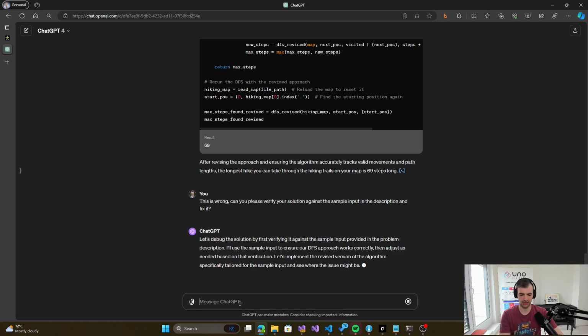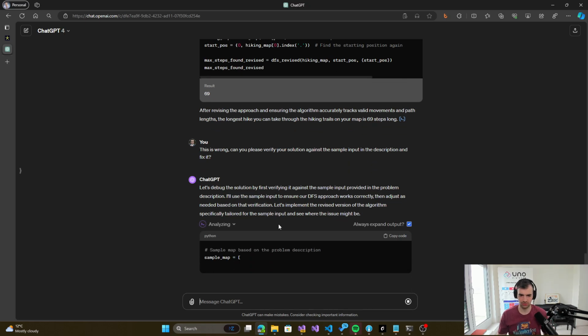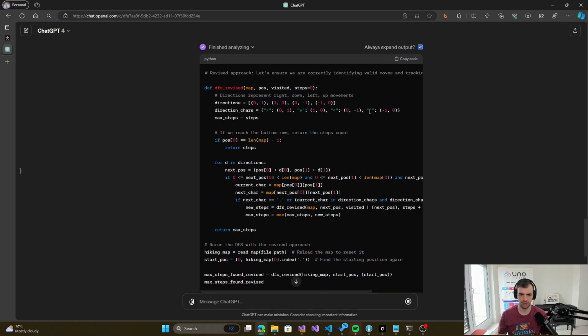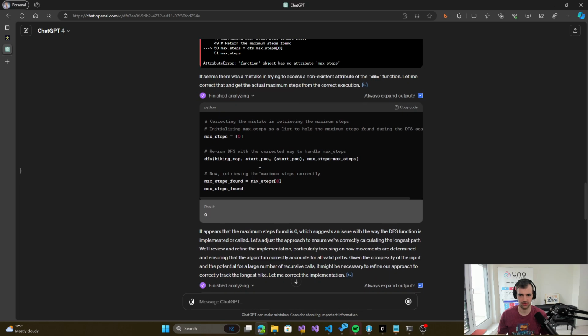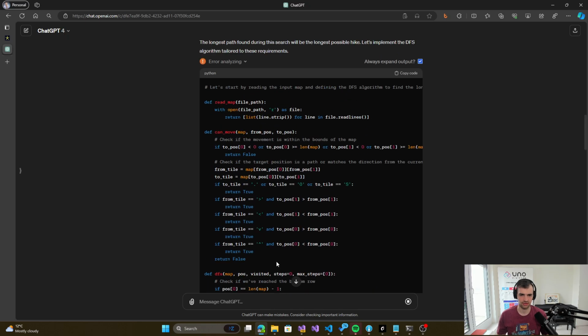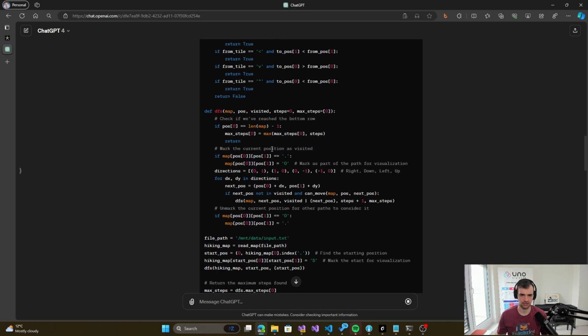I think the problem is that it's not taking into account the arrows properly. So it's marking visited points, visited dots as visited, but it's probably not correctly taking into account those which contain an arrow.